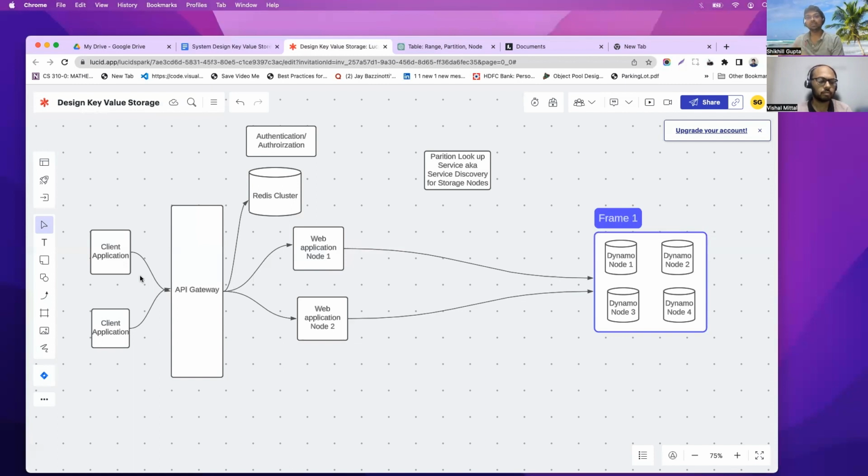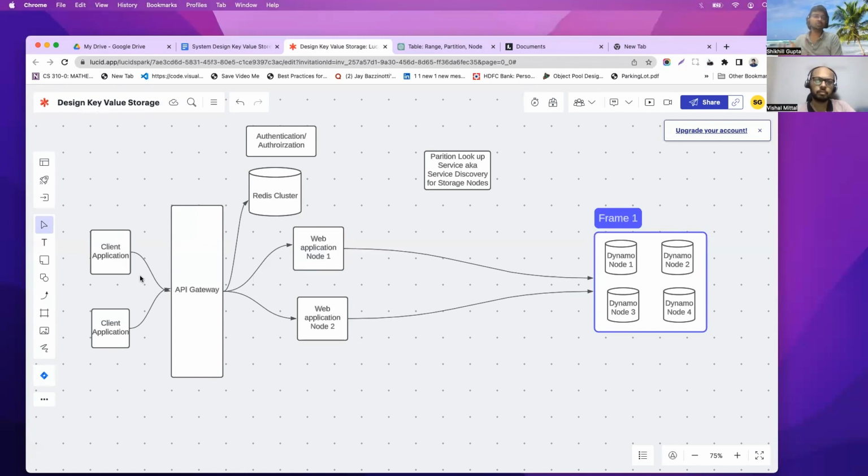So that's one way, and this will let me onboard a lot of other clients. That is one of the advantages of building it as a managed service and giving access using the APIs. The other way is, let's say I am building a Twitter service, and within the Twitter service only, I want to use this distributed key value store.